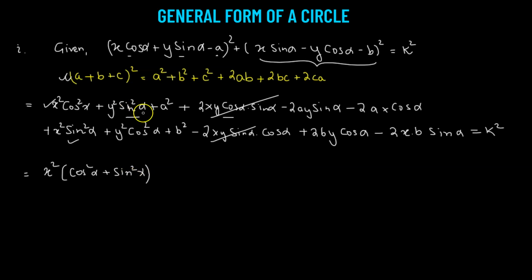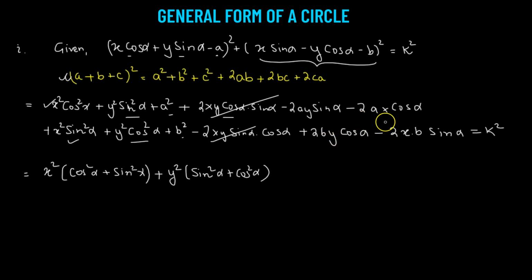Similarly, we combine y squared sine squared alpha and y squared cosine squared alpha by taking y squared as the common factor, so y squared multiplied by sine squared alpha plus cosine squared alpha. Then we have a squared plus b squared, so we'll come to that later.